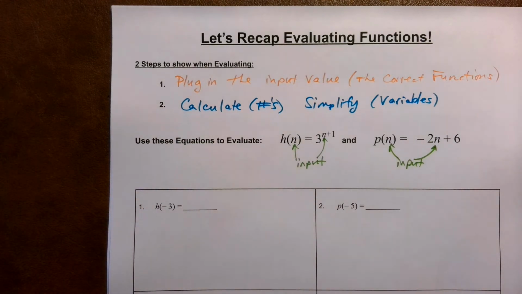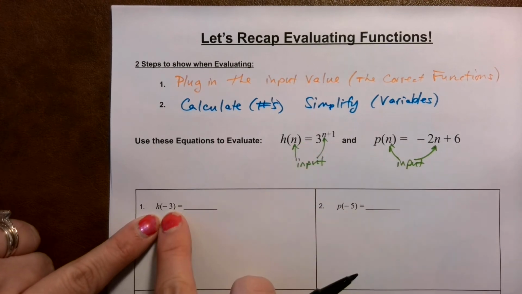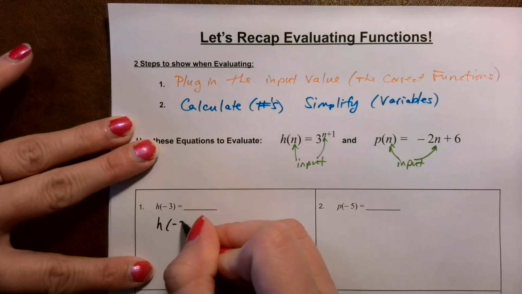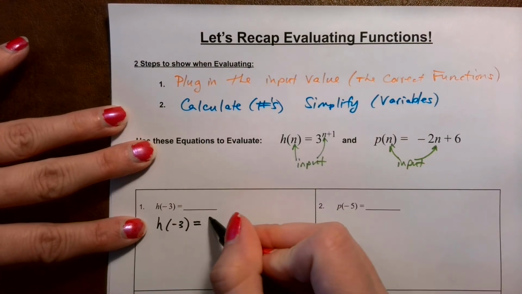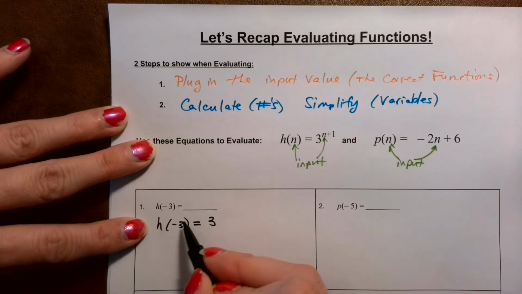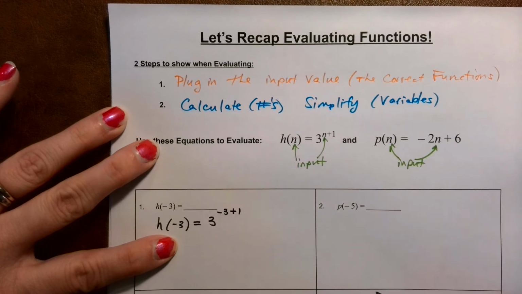This first one here wants you to use the h of n function, and they want you to plug in a negative 3. So I'm going to do h of negative 3 equals, the equation says 3 to the exponent of input plus 1. My input is negative 3 plus 1.